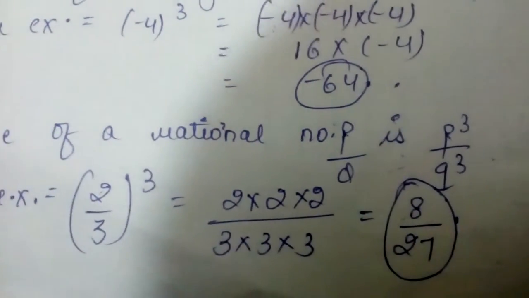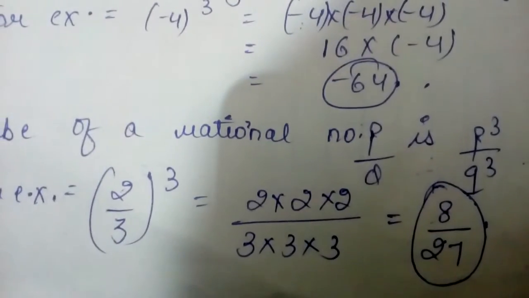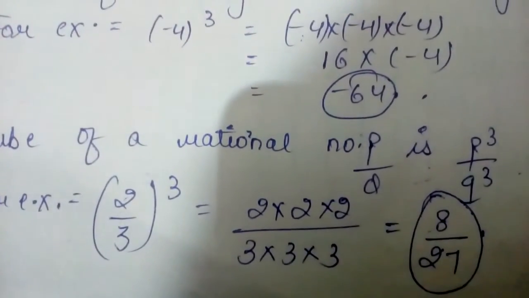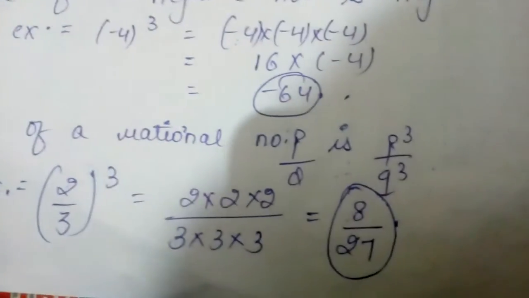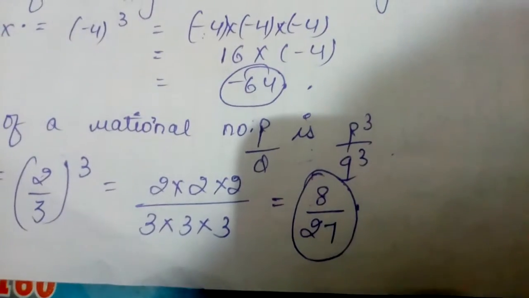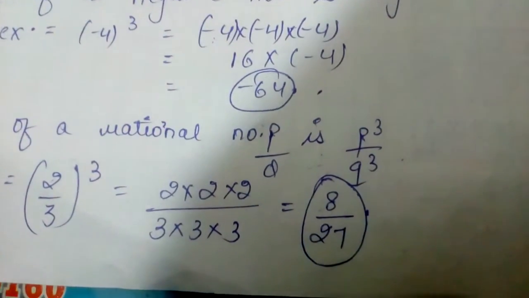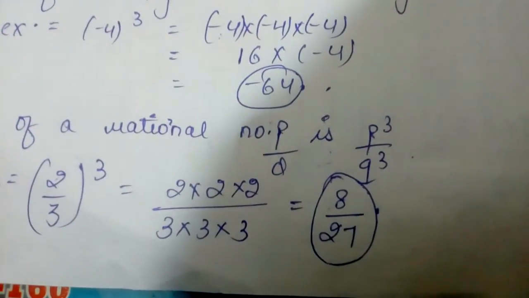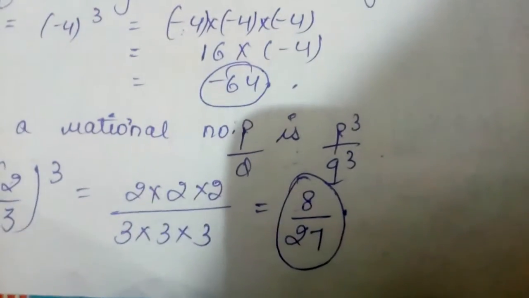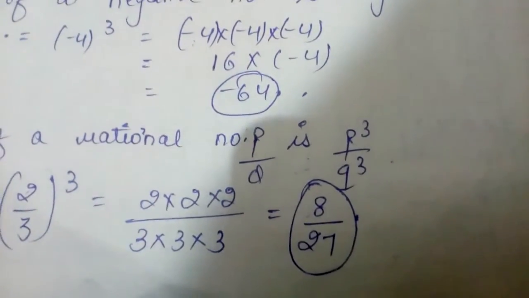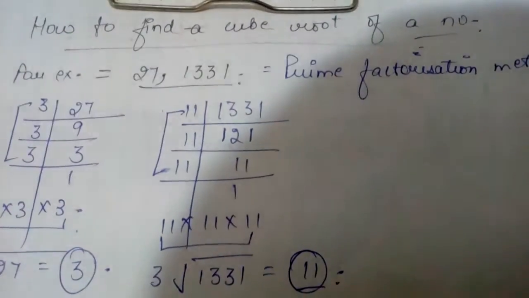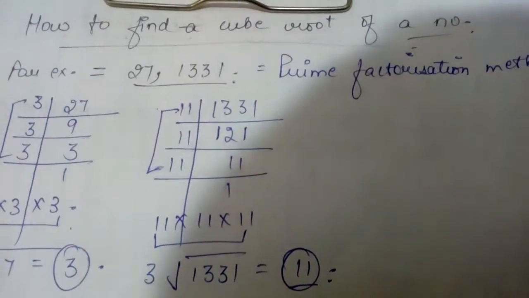In this type of question, we have to find the cube of the numerator and denominator both. The result is positive. So the cube of 2 by 3 is 8 by 27.